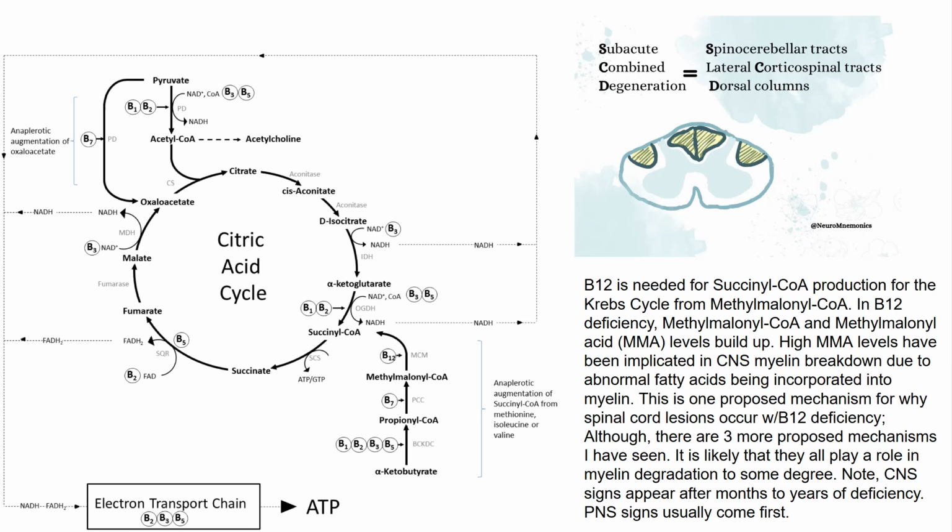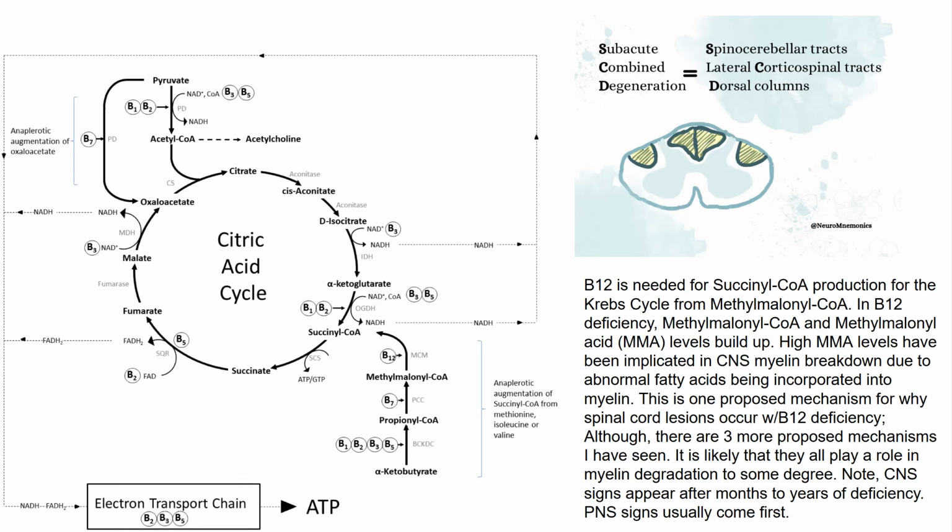So, this is a slide dedicated to why B12 deficiency in adults is associated with more prominent CNS signs than folate, because folate and B12 are involved in a lot of the same mechanisms, but this is where they differ a little bit. If you look to the bottom right of the Krebs cycle, you'll see methylmalonyl CoA needs B12 as an enzyme cofactor to become succinyl CoA for the Krebs cycle.